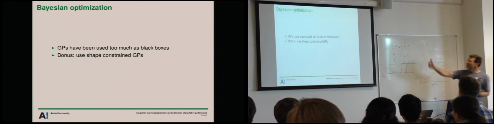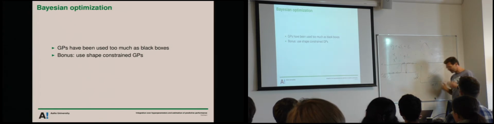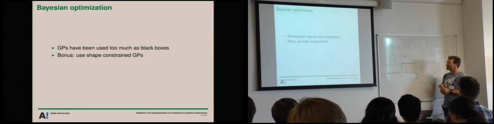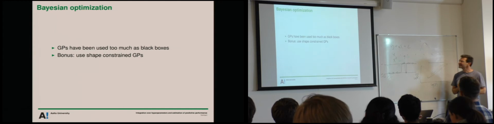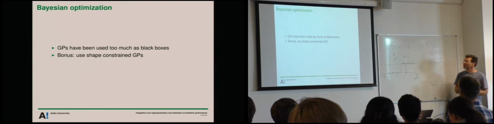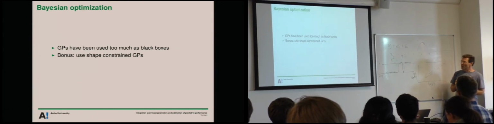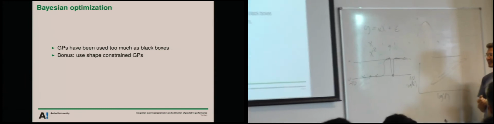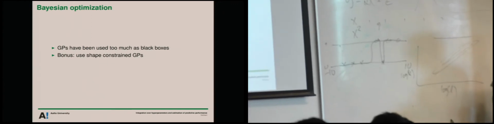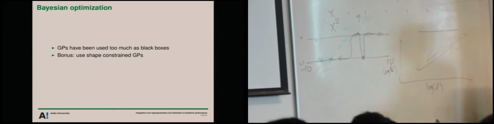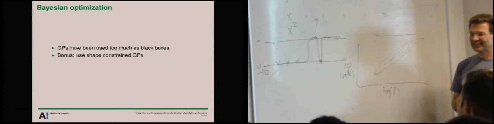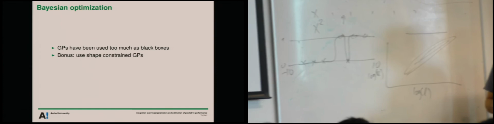So one important message, after the Bayesian optimization talk, is that overall in the literature GPs have been used too much as black boxes, and you should use a better prior. The bonus would be also that you could use shape-constrained GPs. We have a paper showing how you can add additional information that the minimum is not on the edge.